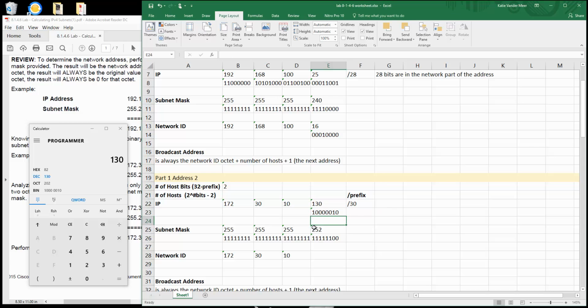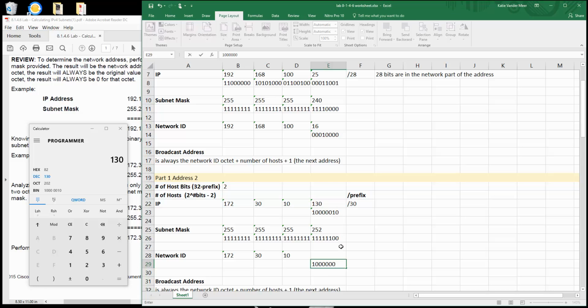Okay, let's match them up, and then we'll find the network ID. So 1 to 1, so we got a 1. 0 to 1, 0. 0 to 1, 0. 0 to 1, 0. 0 to 1, 0. 0 to 1, 0. Now we got 1 to 0, still a 0.